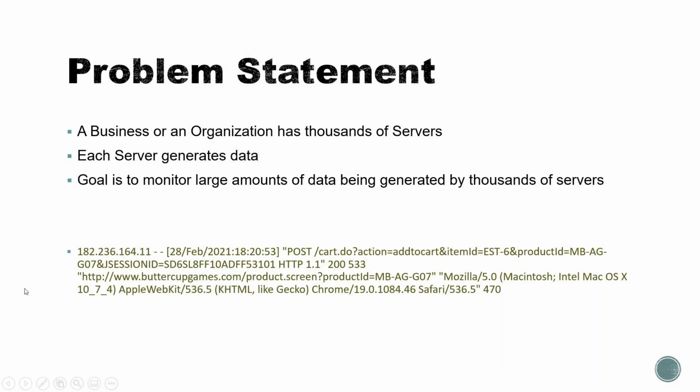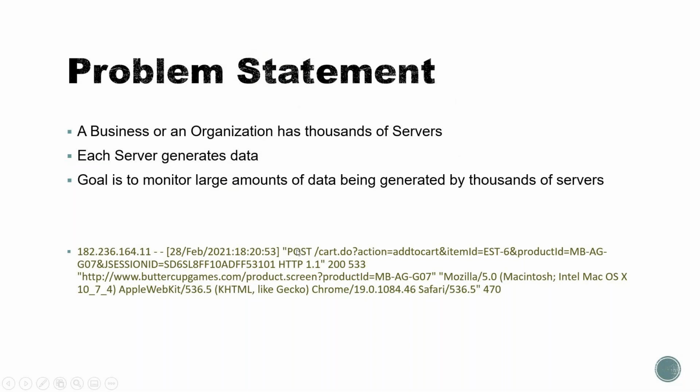If you see this sample event, this is a sample event of one of the logs. Here I am able to get the IP address of the event, from where the transaction happened, and I am able to get the time, and what the action is, whether it is a get, post, delete, or something.